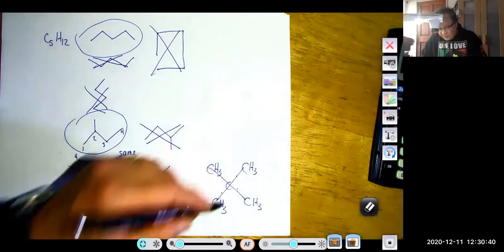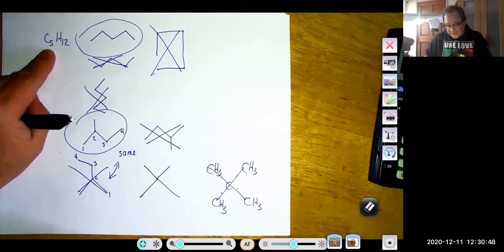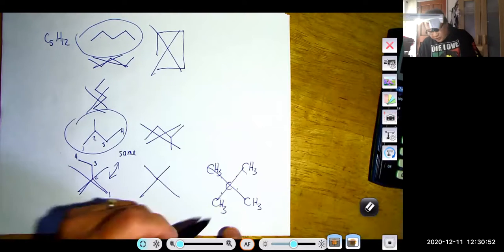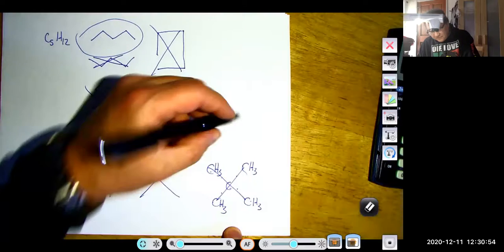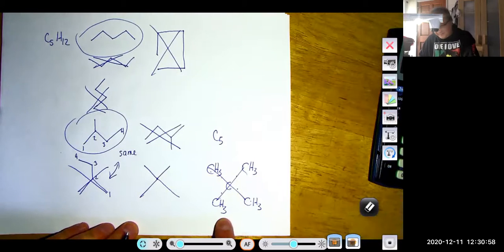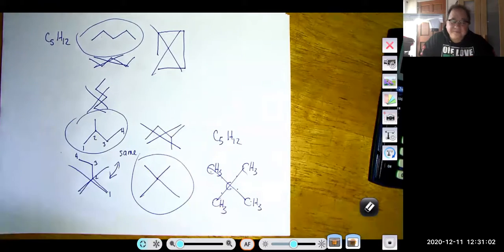So does this formula fit C5H12? Does this fit C5H12? 1, 2, 3, 4, 5, 3, 6, 9, 12. So this is an isomer.